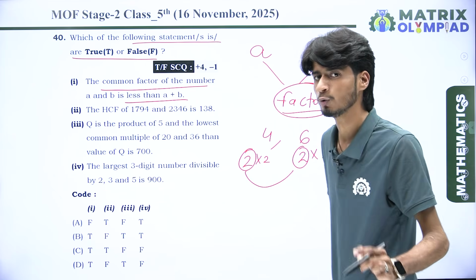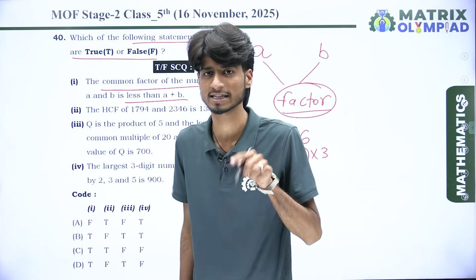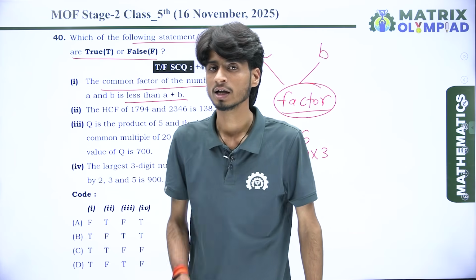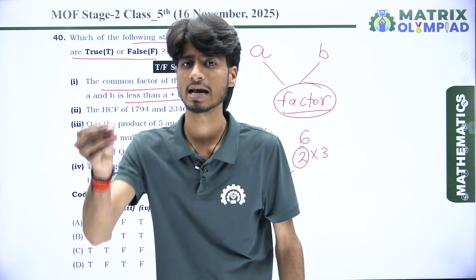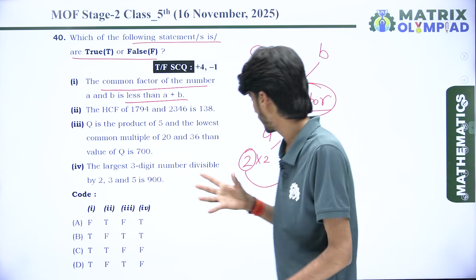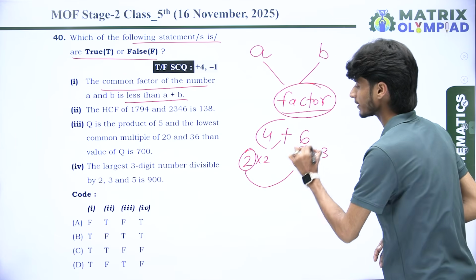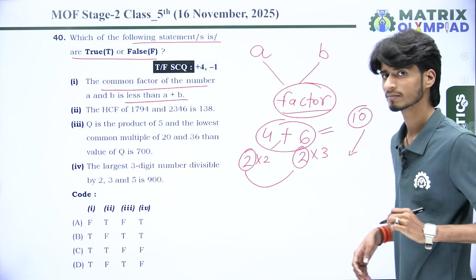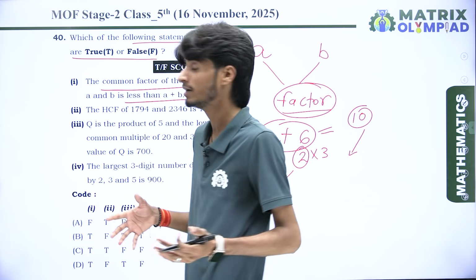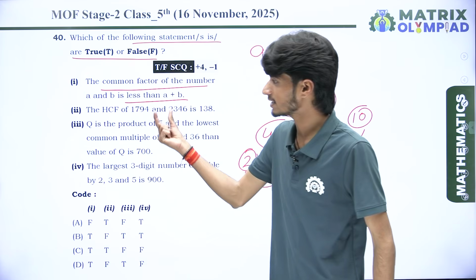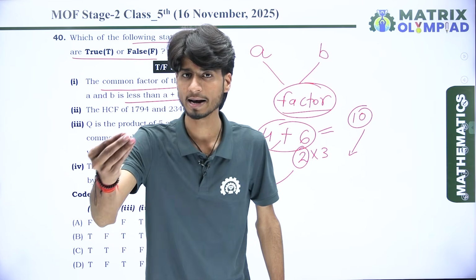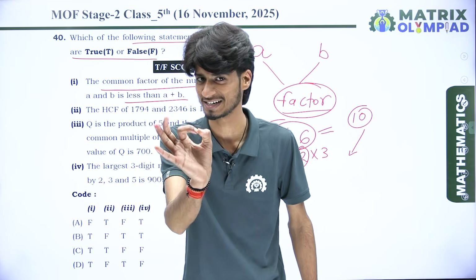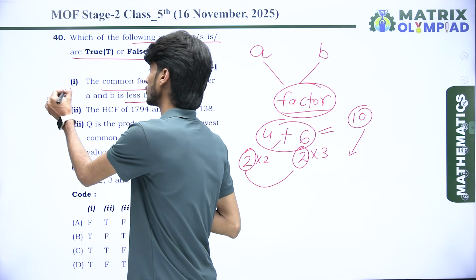And observe, 2 is less than both 4 and 6. That means 2 is smaller than the number, yes or no? That means a factor is always less than the number. And whenever you add both of the numbers, then the factor is also less than the sum. Yes or no? 2 is less than 10. That means the factor is always less than the number and the sum of the numbers. It is the correct statement. So this is true.